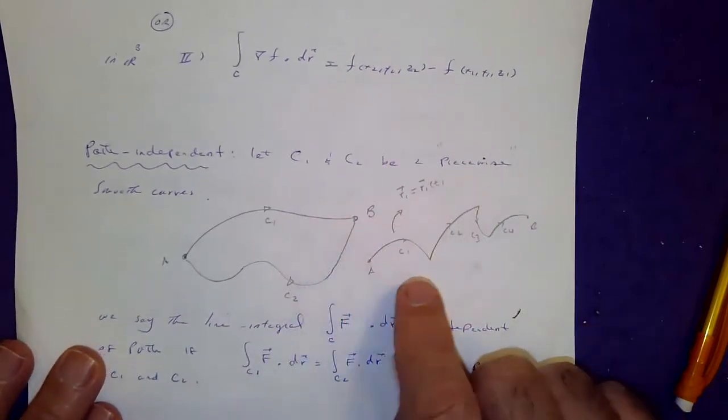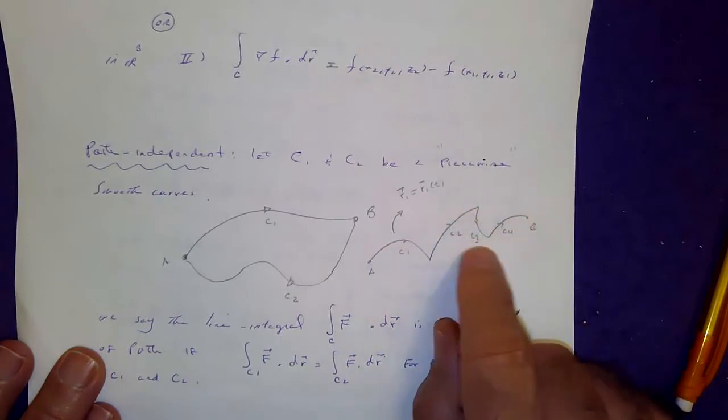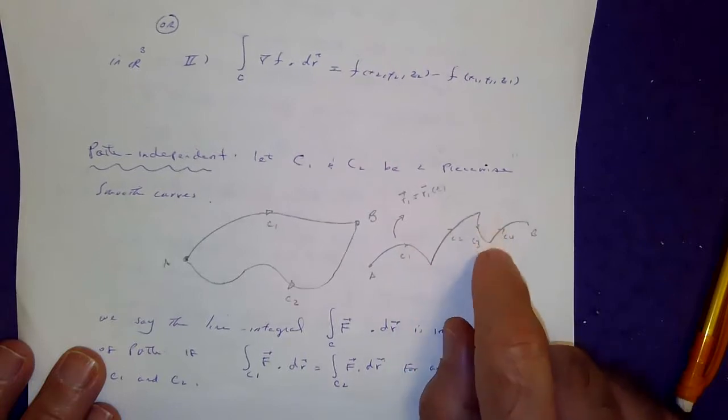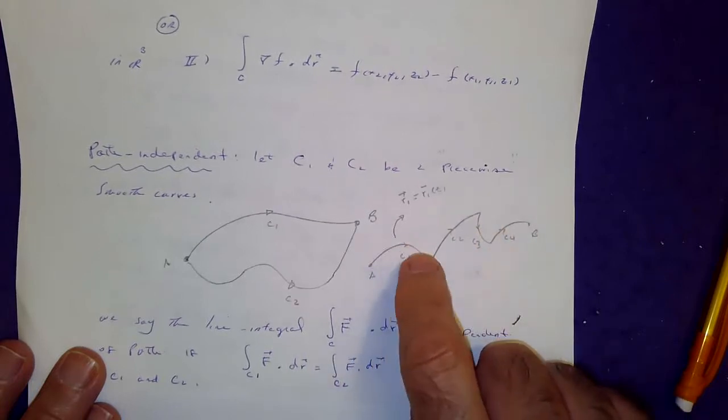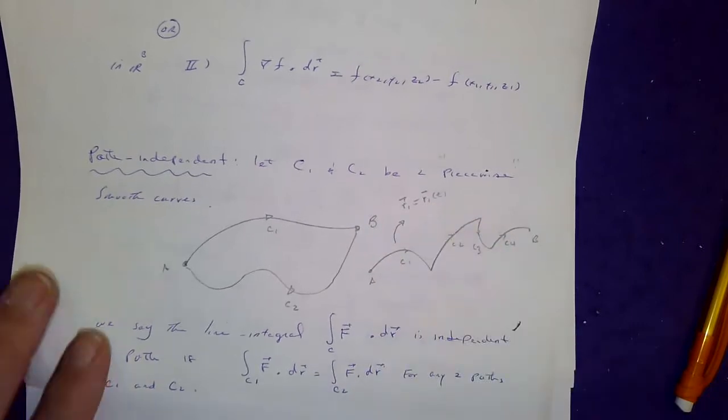Incidentally, piecewise smooth means you may have a union of a bunch of curves. The overall curve is not smooth because you have sharp edges here, but piece by piece they are smooth. That's why it's called piecewise smooth.